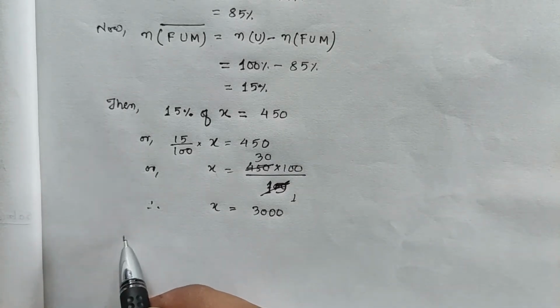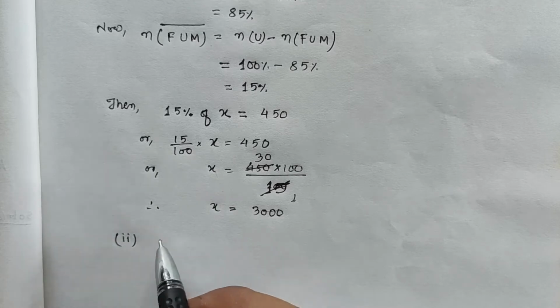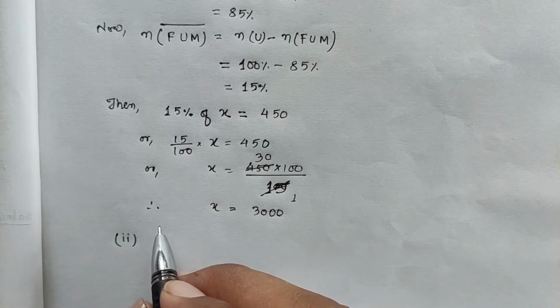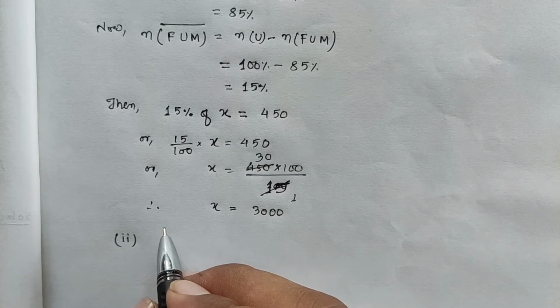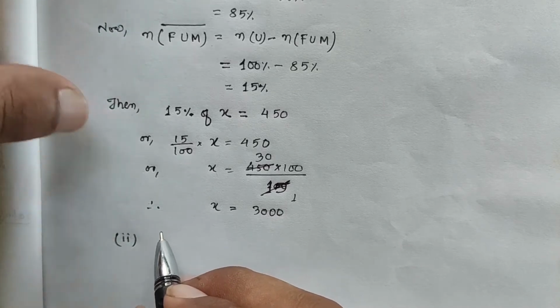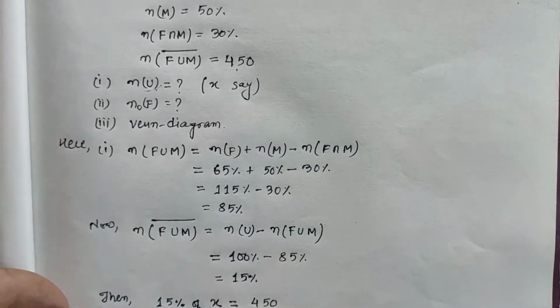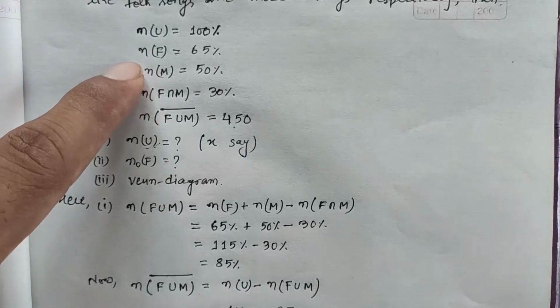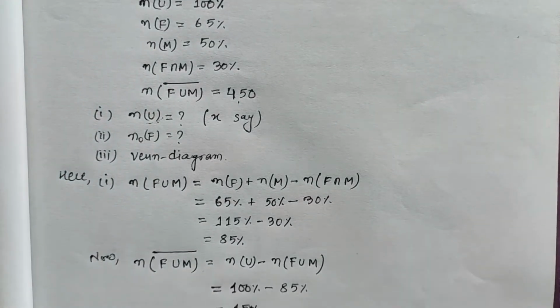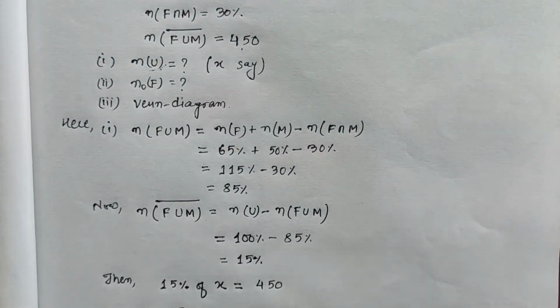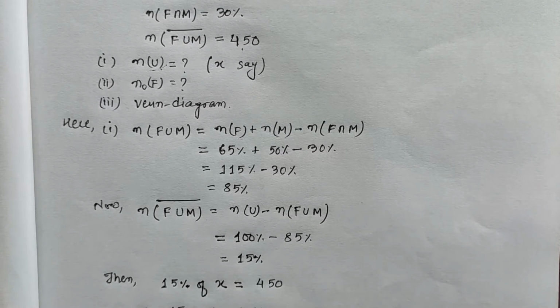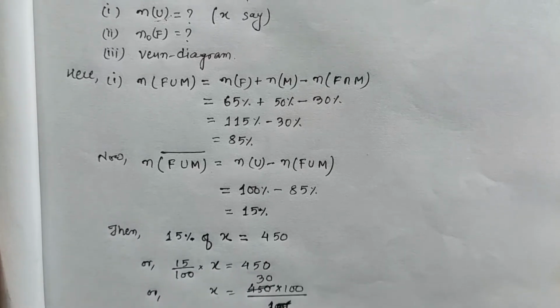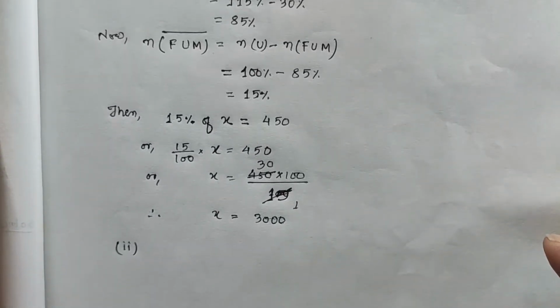And in part (ii), it says to find N only F. Before finding N only F, we have to find NF, because all of them are in percentage. NF is given in percentage like 65, but we have to find the number of people. The question says to find the number of people, so don't find it in percentage, we have to find it in number.